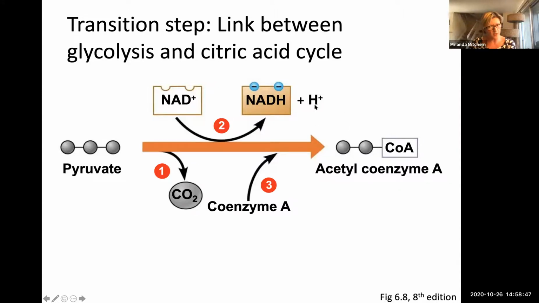The protons are still there too. They don't just disappear. And then finally, this coenzyme A comes in and adds itself on to the 2 carbon molecule, creating acetyl-CoA, which is the starting material of the citric acid cycle. There is no energy produced during the transition step.